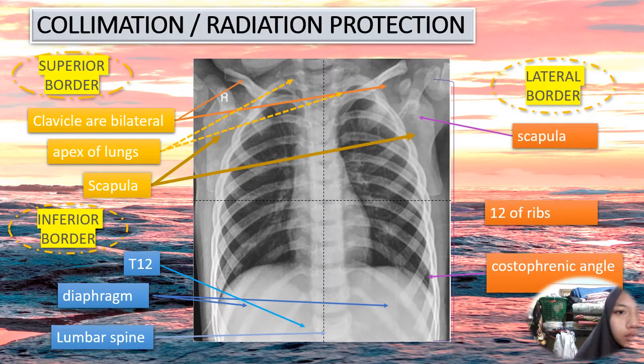Okay, for collimation, first for superior border, we can see the clavicle, then we can see the apex of lung, then we can see the scapula.